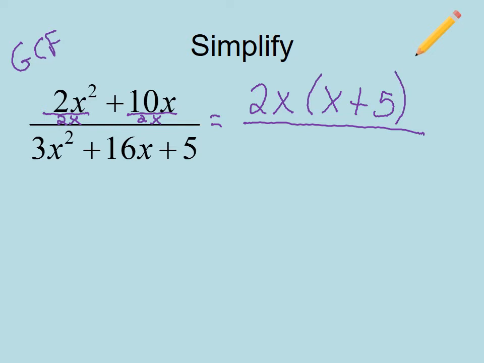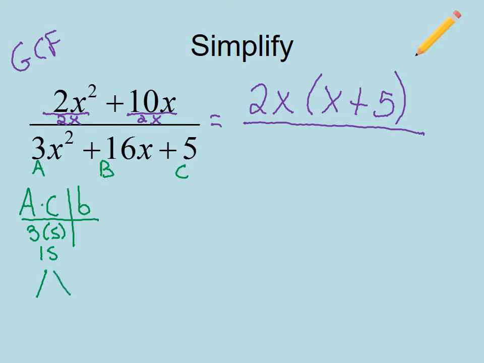Now in my denominator I have 3 terms, so 3 terms means I'm going to be using the AC method. So I have to take A, B, C, and I'm going to break this down. A times C has to add up to B. So 3 times 5, and I get 15.